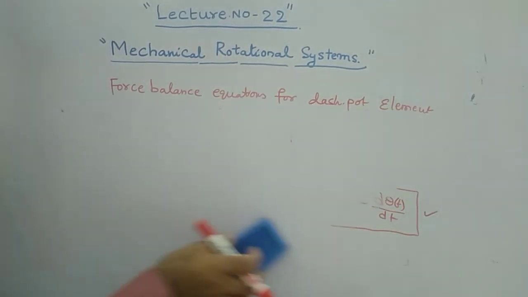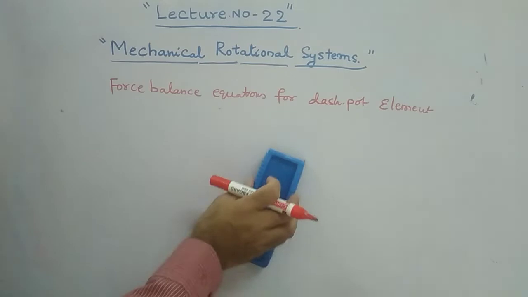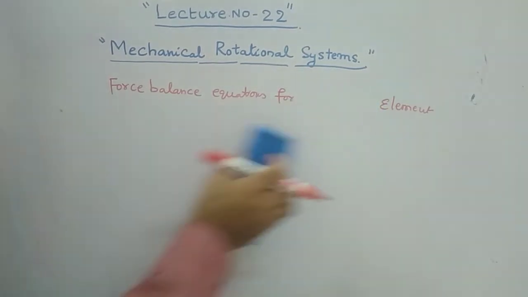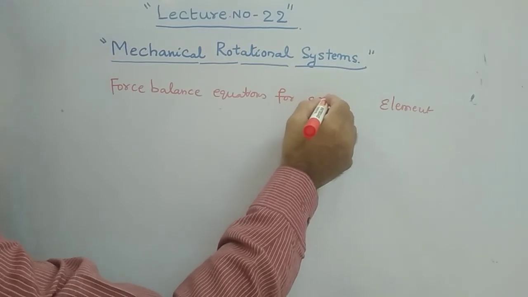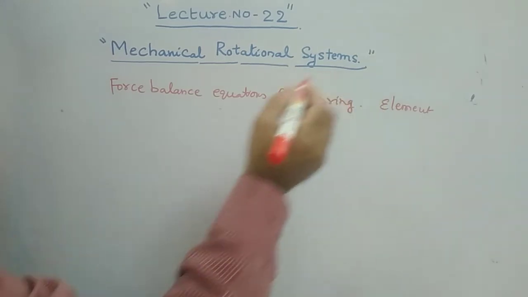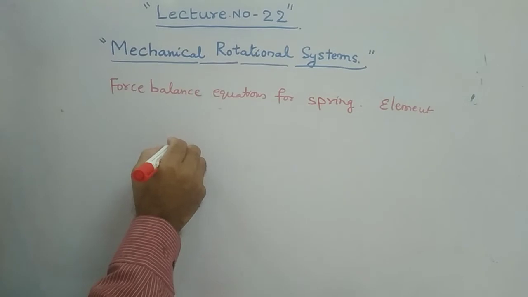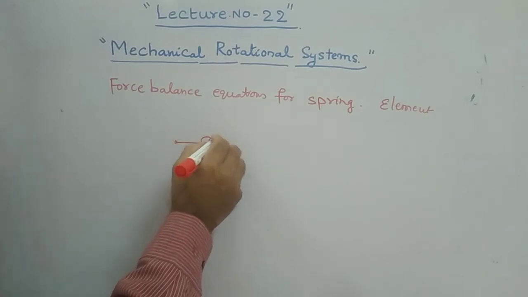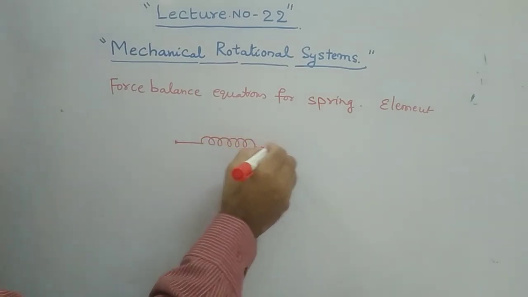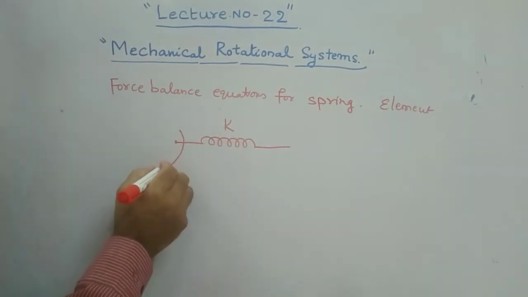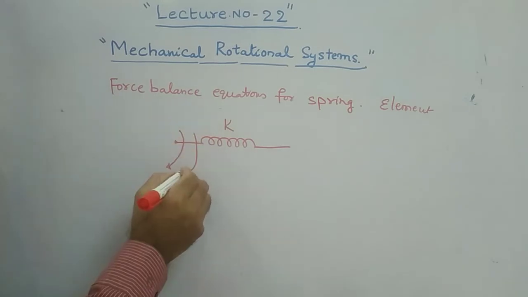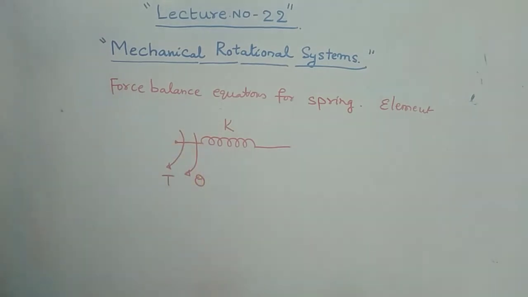For the third element, that is the spring element with spring constant k, it is represented like this. This is k, this is the applied torque, and this is the angular displacement.